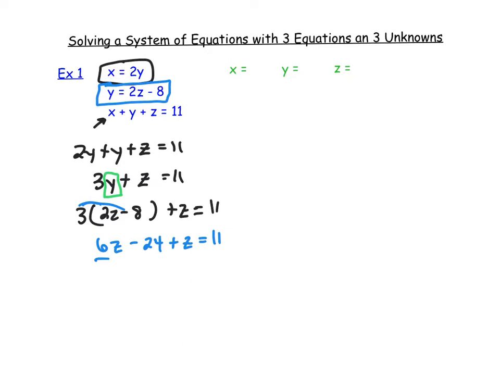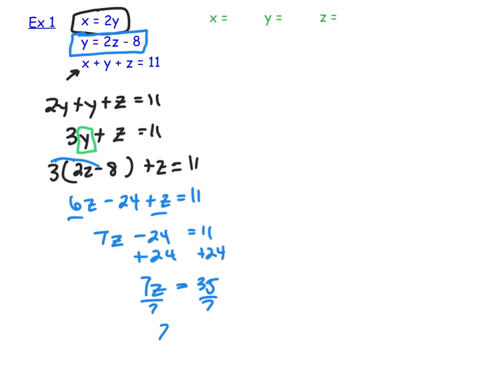Combine like terms, 6z and 1z is 7z, minus 24 equals 11. We add 24 to both sides and get 7z equals 35. Divide by 7, and we get z equals 5.